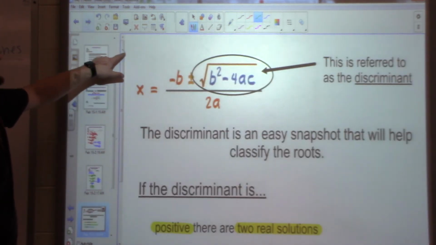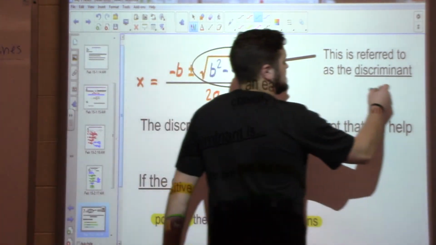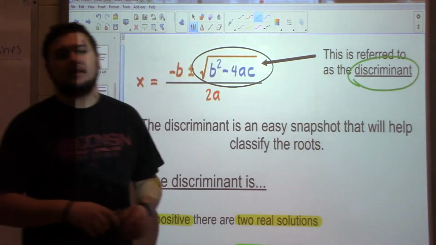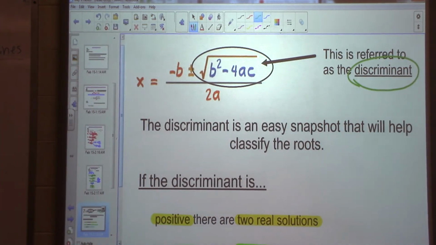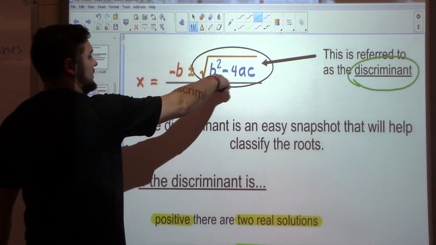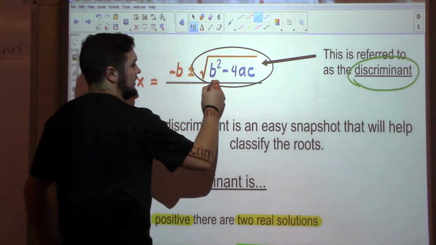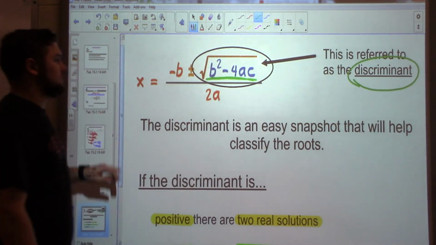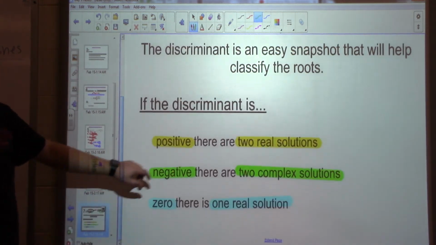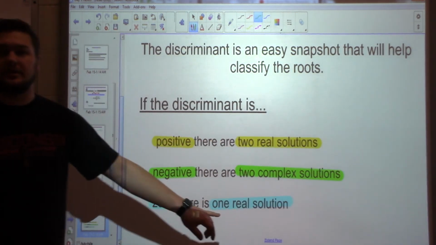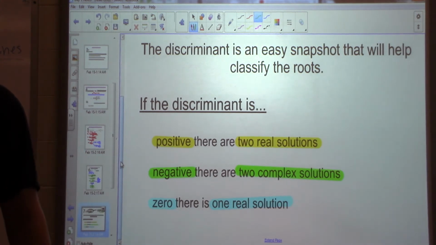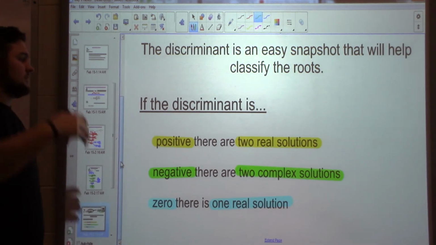Let's talk about the discriminant quick. Like I said, that's a new vocab word. The discriminant is the part under the radical in our quadratic formula: b squared minus 4ac. What we're going to do with that is tell whether it's 2 real, 2 complex, or 1 real solution, just like we did with the graphs, except now we don't need the graphs.